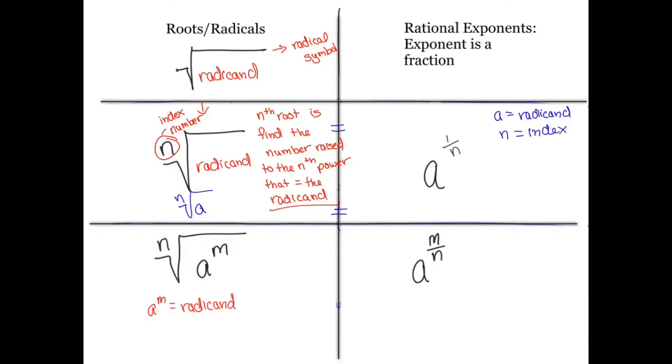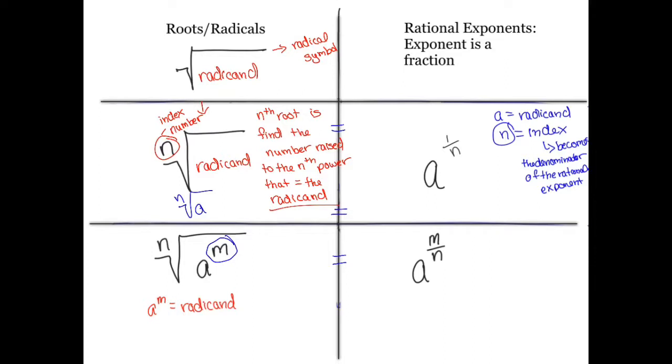So the big thing that we see here is that n, the index number, becomes the denominator of the rational exponent. Okay, so now down on this last one, we have that these two symbols are equal to each other. You can see that the only thing that happens here is now we have the radicand is raised to a power.